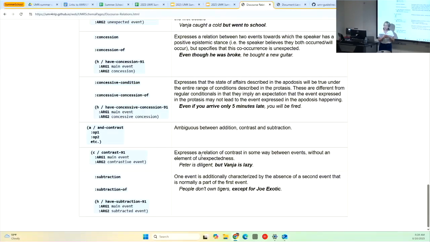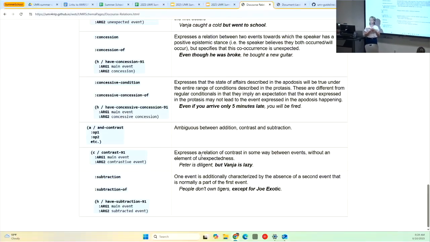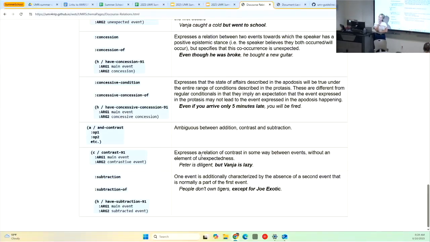UMR also provides instructions for annotation of implicit discourse relations.